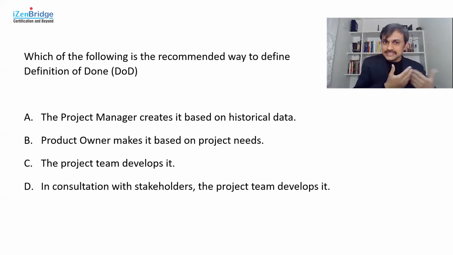The project manager can facilitate the discovery of definition of done, but he or she should not define it. Now, the question gave a little clue about historical data, which makes it a little tempting that you might check the definition of done of the previous project and say, okay, guys, let's start with this. But each project might have a unique understanding, unique requirements. The previous definition of done might be useful, but the project manager cannot just define it on his own.